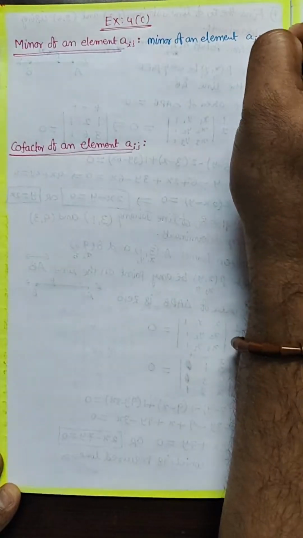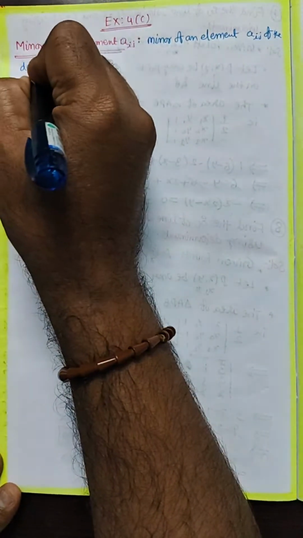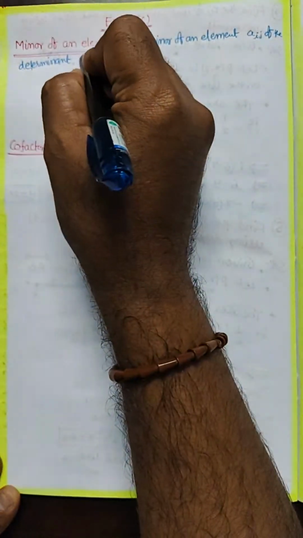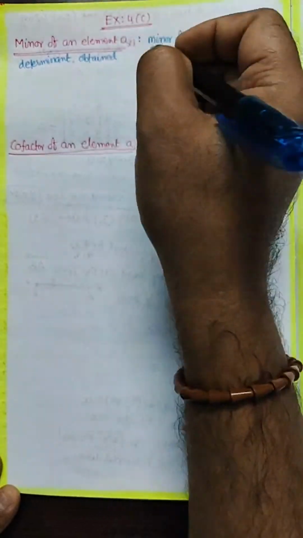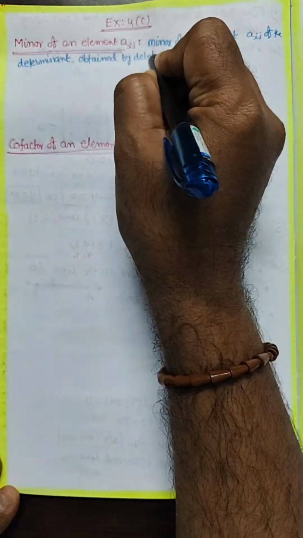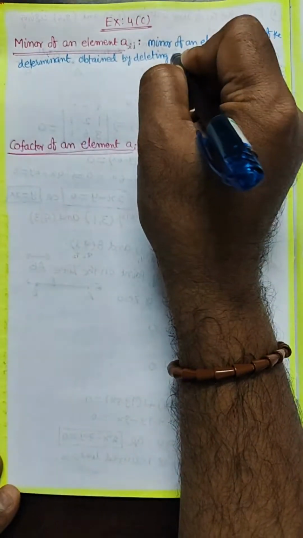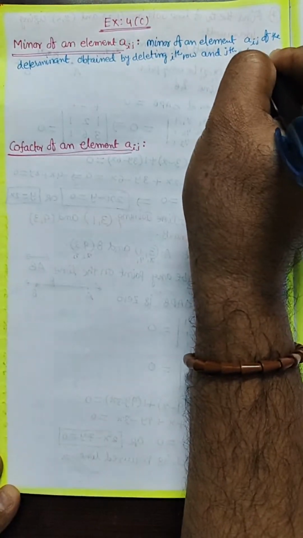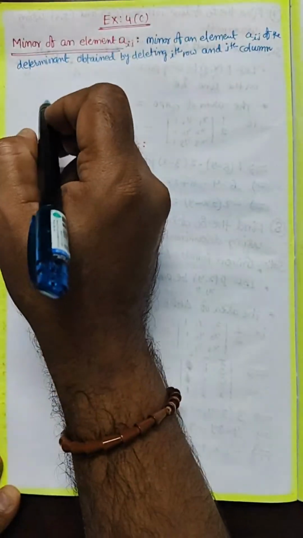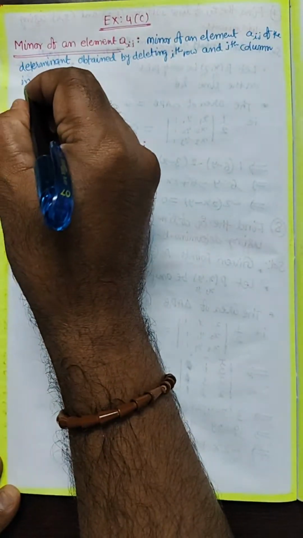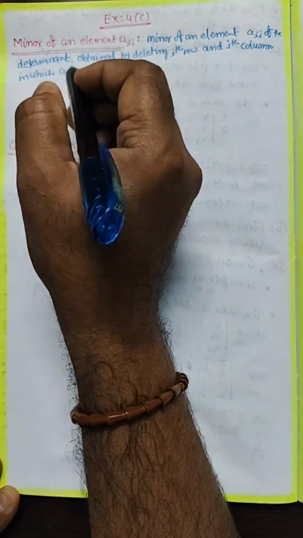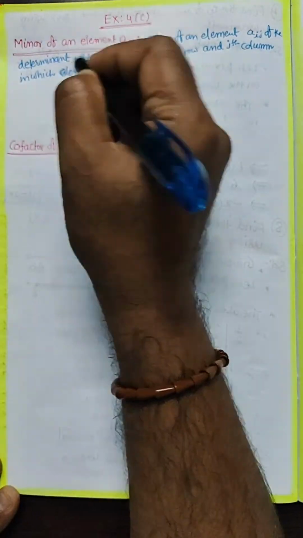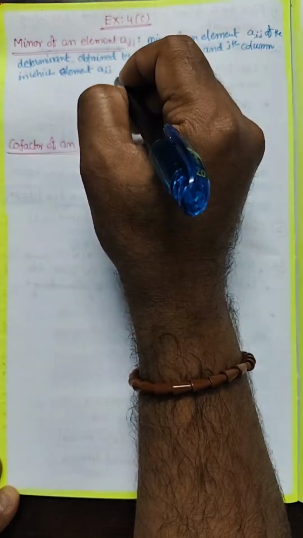The minor of an element Aij of the determinant is obtained by deleting the ith row and jth column in which the element Aij lies.